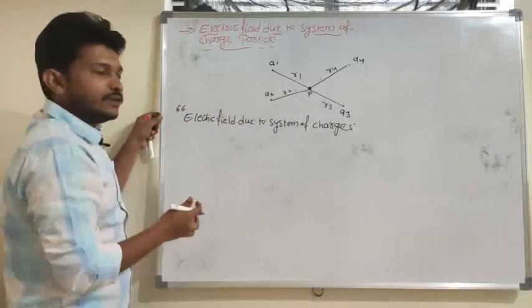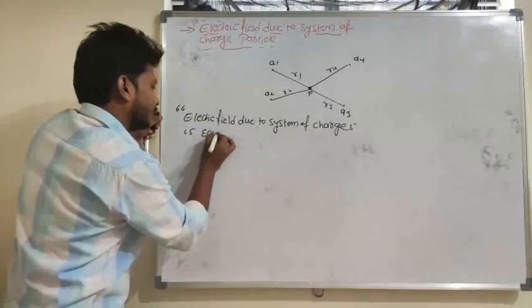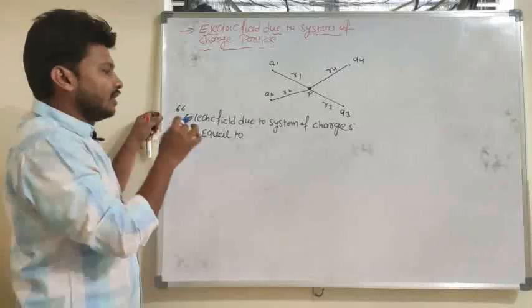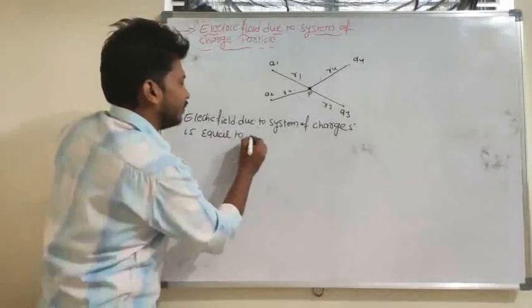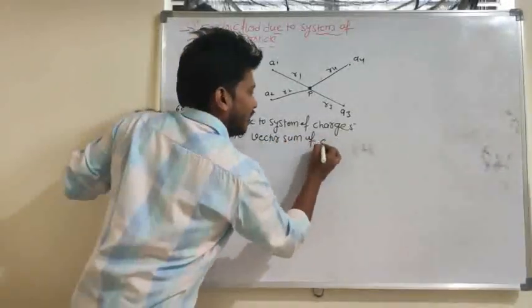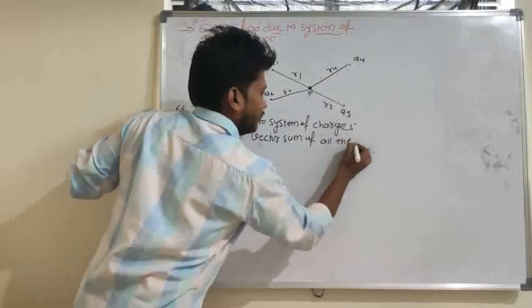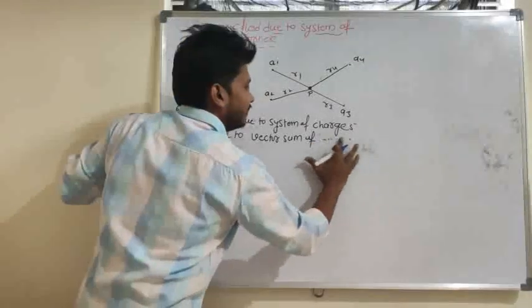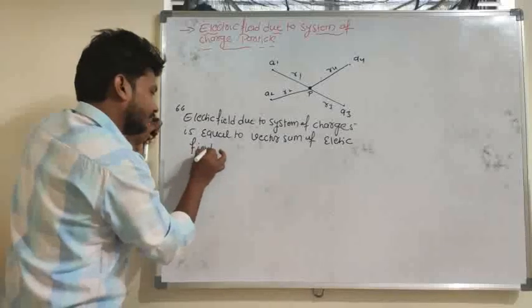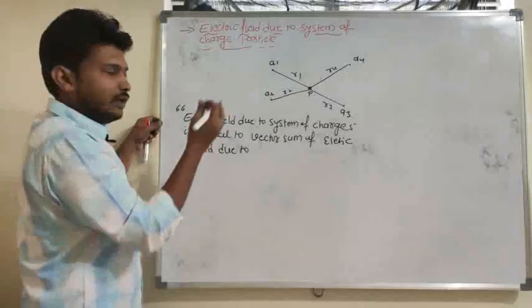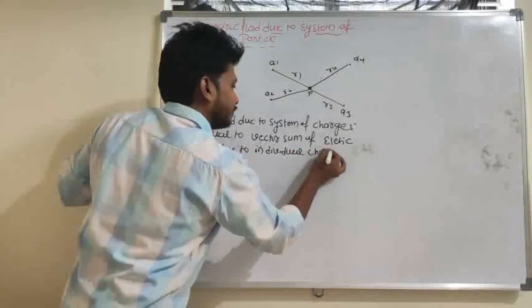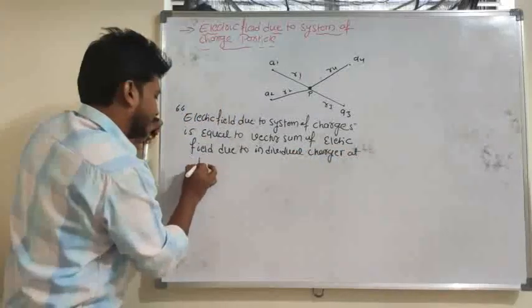What is the total electric field at this point? The electric field due to a system of charges is equal to the vector sum of all the fields, or the vector sum of the electric field due to individual charges at the given point.